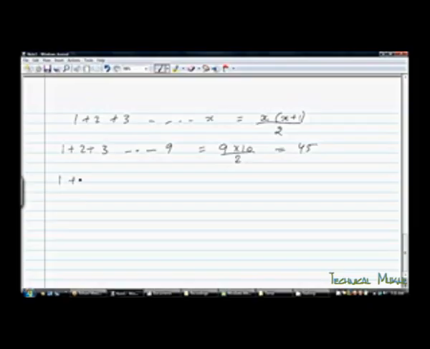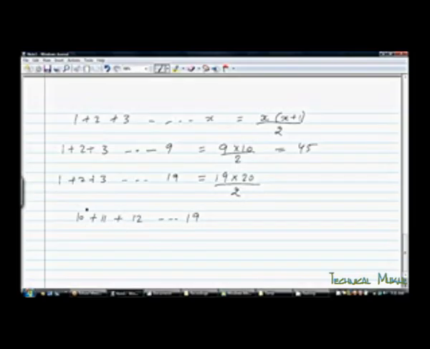Similarly, 1 plus 2 plus 3 up to 19. So all I have to do is 19 into 20 divided by 2. Now suppose the numbers don't start from 1 but start from something else. For example, 10 plus 11 plus 12 and it goes to 19.